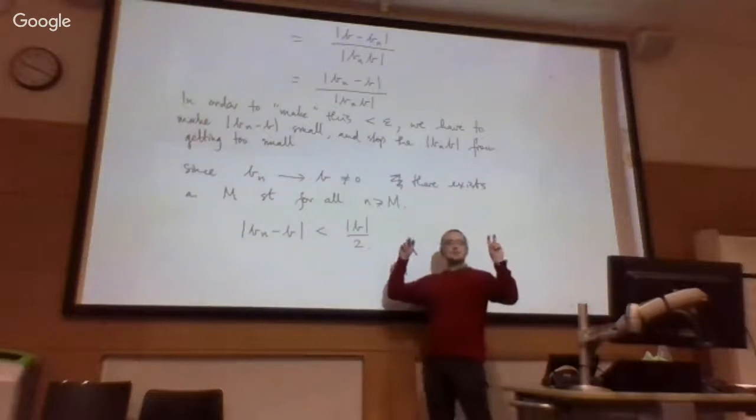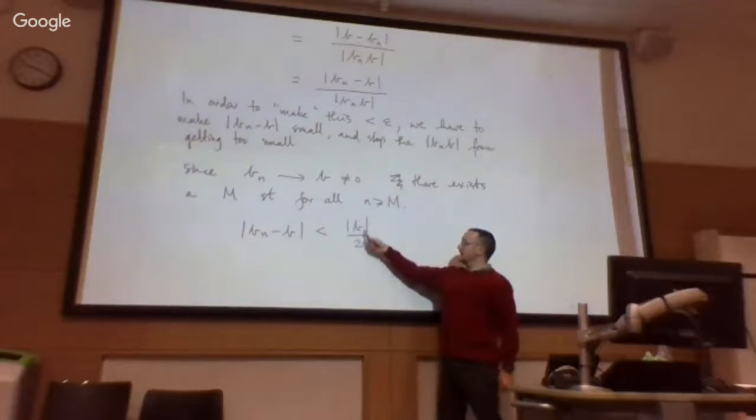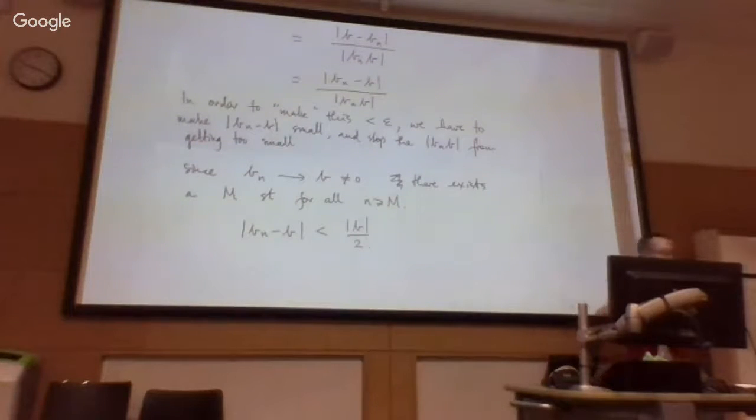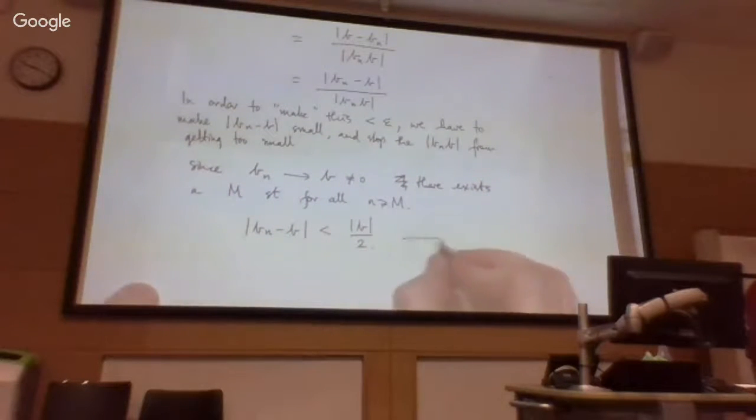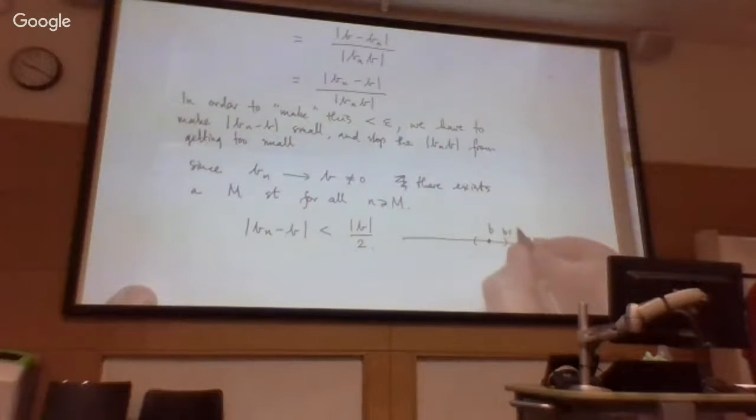This is the epsilon I'm using here, absolute value of b over 2. And there's some point capital N such that at every point after that, this absolute value is less than absolute value of b over 2. So that's b plus absolute value of b over 2, and here is b minus absolute value of b over 2.